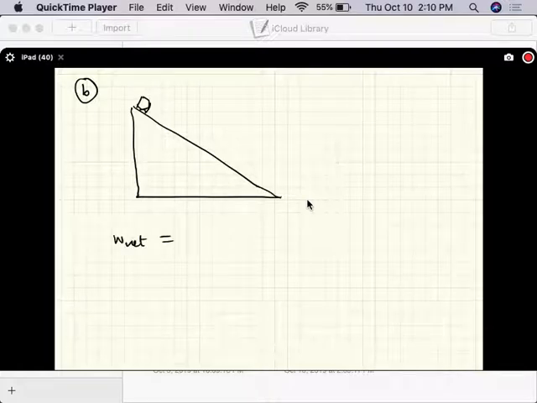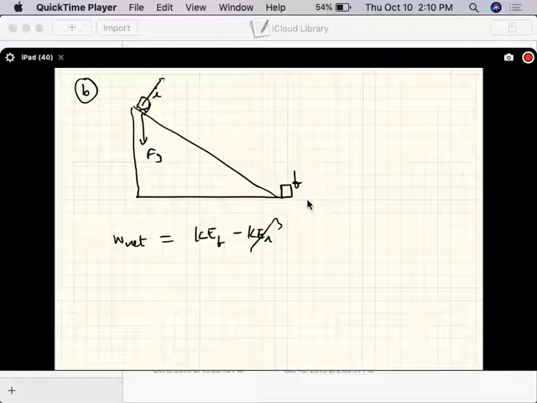Net work done is equal to final kinetic energy minus initial kinetic energy. We just found the final kinetic energy. Initial kinetic energy is 0. So gravity, normal force, and friction force. Those are the three forces acting on it.